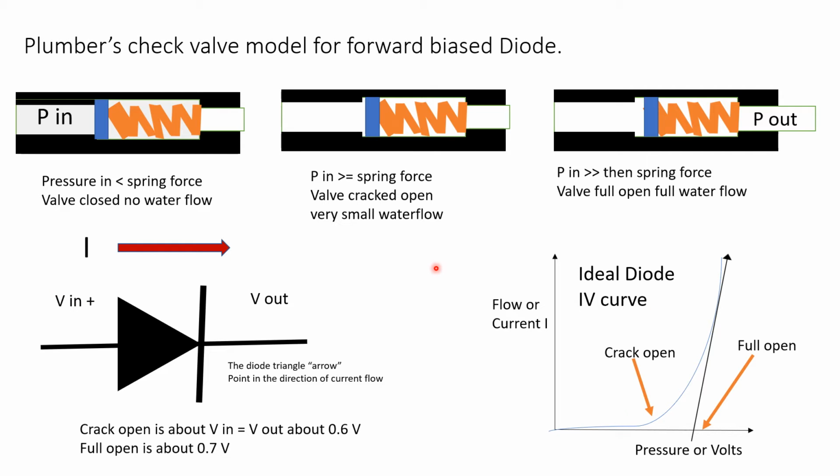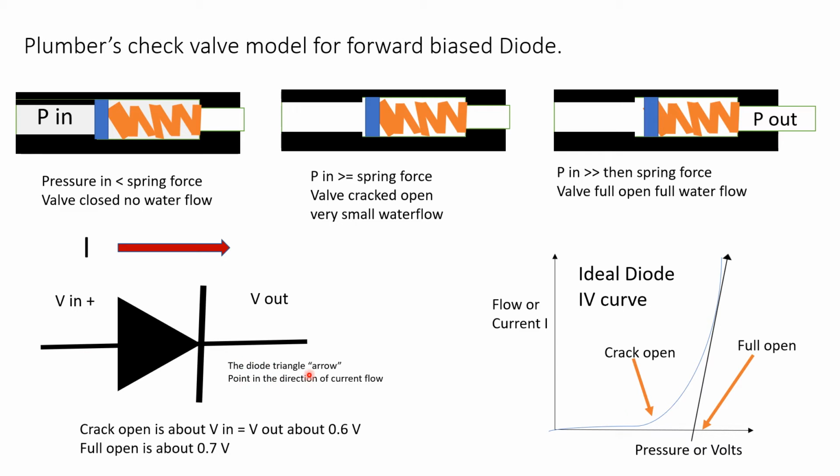All right, now let's compare this to a diode. If we assume the voltage across the diode from here to here is positive, and we assume it's similar to a pressure by analogy, and we assume that it's a silicon diode, power diode, it will crack open somewhere around 0.6 of a volt and be fully open somewhere around 0.7 of a volt as far as an equivalent pressure.